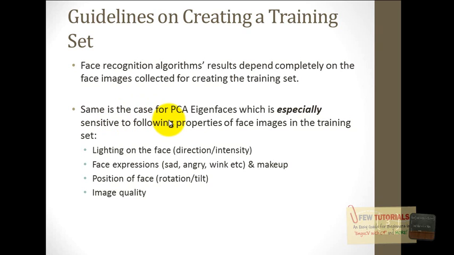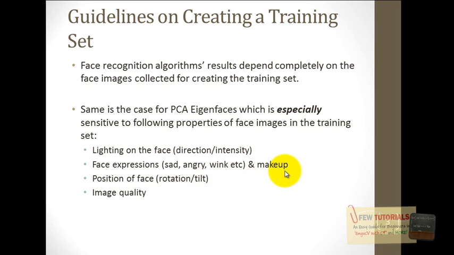The same is the case for PCA eigenfaces, which is especially sensitive to the following properties of face images in the training set. For example, the lighting on the face, that is the direction or intensity, whether the light is coming from the left side or the right side, or from top or from bottom. And then there come face expressions. For example, if the person whose image is being stored in the faces database, was the expression at that time sad, angry, winking, or normal?